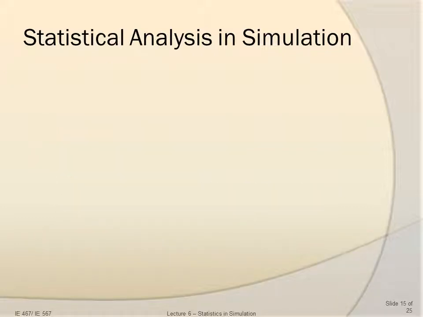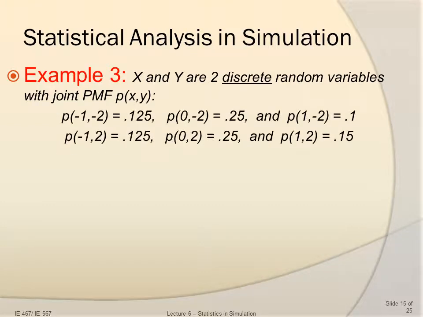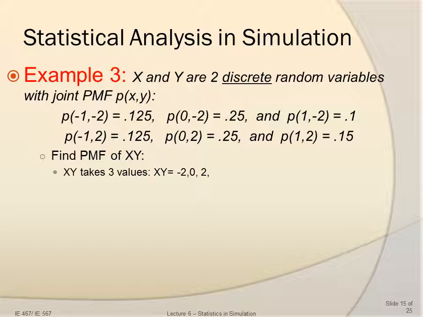And now we need to do similar computations for this example for the product of random variables x and y. x and y are both discrete random variables, so their product is also a discrete random variable. The first thing we need to do is determine which values xy takes. xy takes 3 different values: -2, 0, and 2.